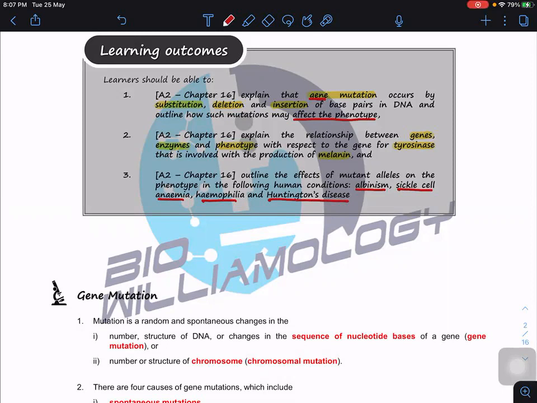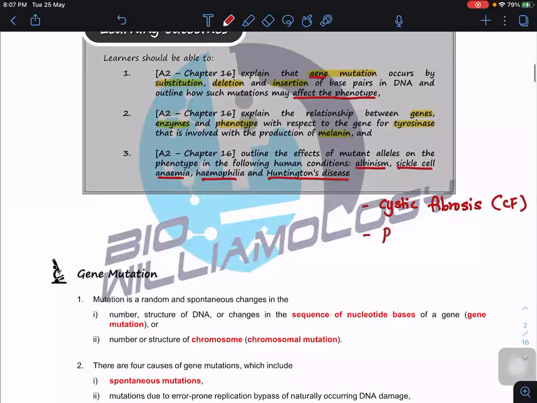One is cystic fibrosis, called CF, and the other is phenylketonuria, PKU. I'm going to include these two, but they are not in our syllabus for this topic.